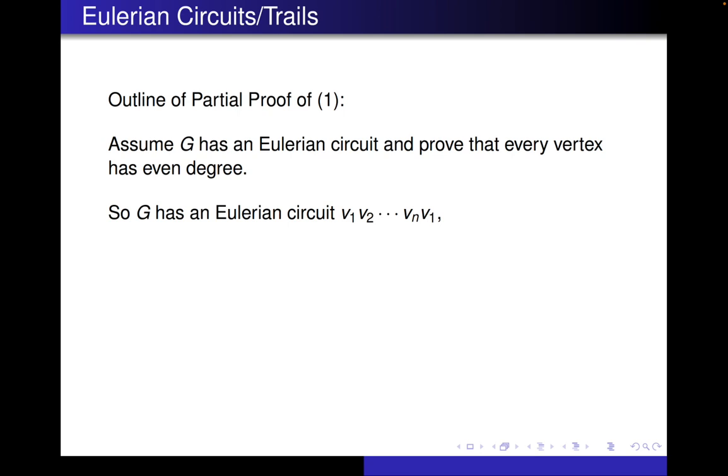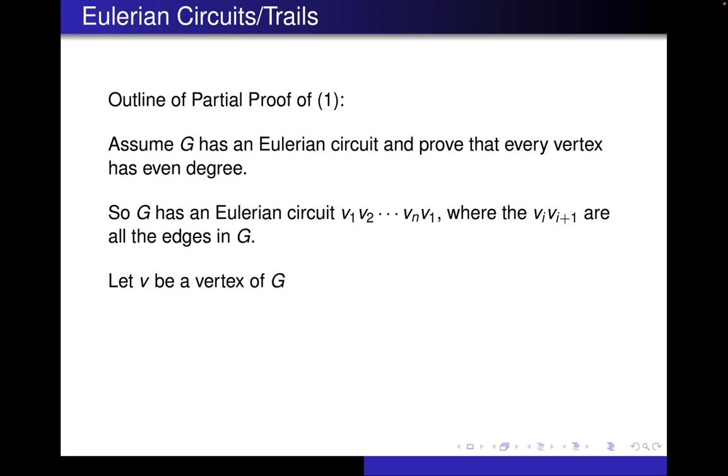And I do want to note that some of those V's in that sequence of vertices could very well be the same, but none of the edges can be the same. And since it's an Eulerian circuit, it has to include all the edges in G, right? So Vi and Vi+1, each vertex and the one right next to it, those are going to be edges. And if you put all those edges together, you get all the edges in G.